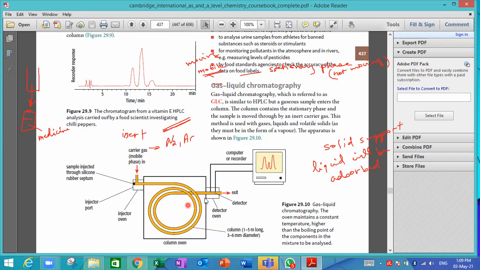We want to compare the retention times that we got in our experiment with retention times in data booklets, so they have to be similar, and so the conditions should also be similar. If in the data booklet they used a certain temperature, then we have to use the same temperature while doing our experiment in order to determine our components in the mixture.